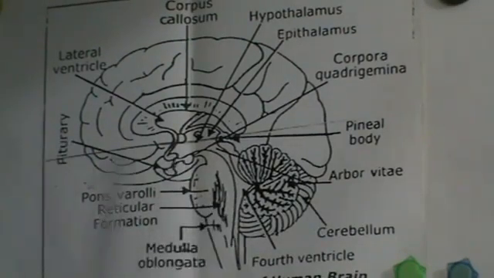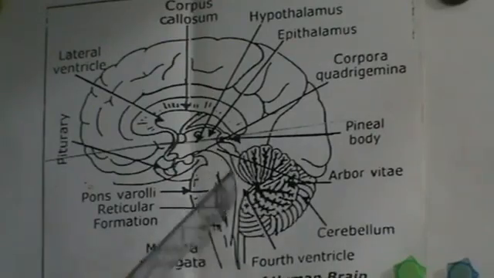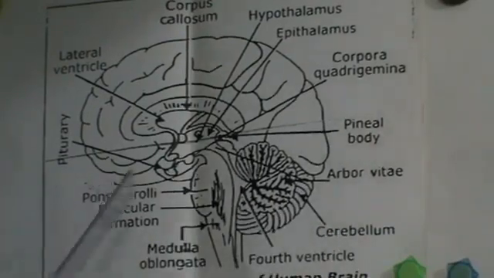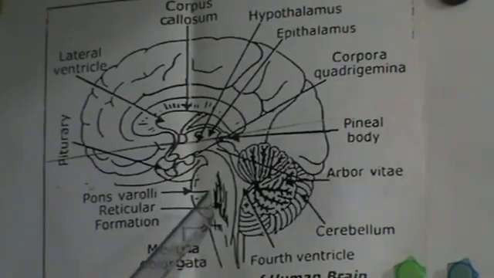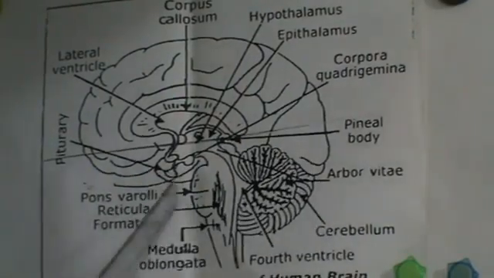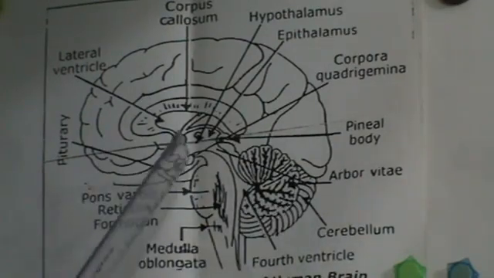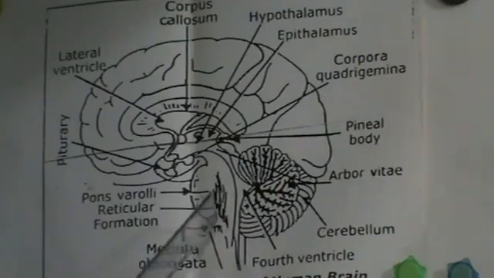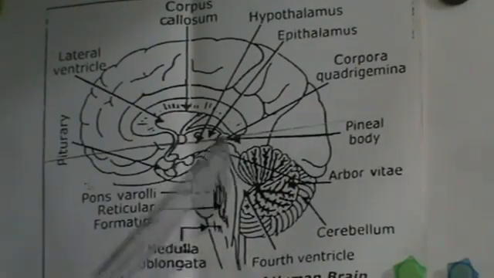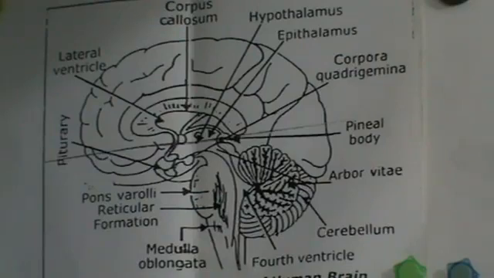This is your cerebellum here. It is made up of pons varolii and medulla oblongata. So this whole part constitutes your hindbrain. It's made up of cerebellum, pons varolii, medulla oblongata, and the fourth ventricle. So these are the things that make your hindbrain.